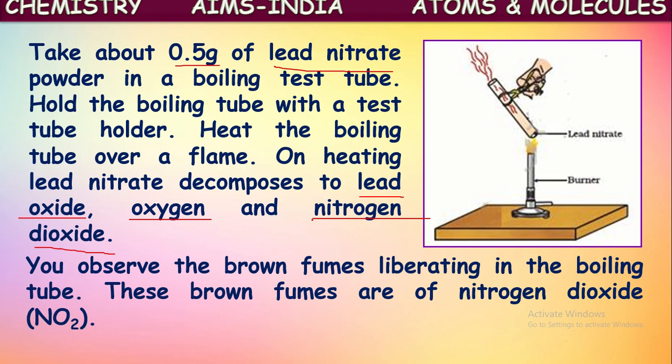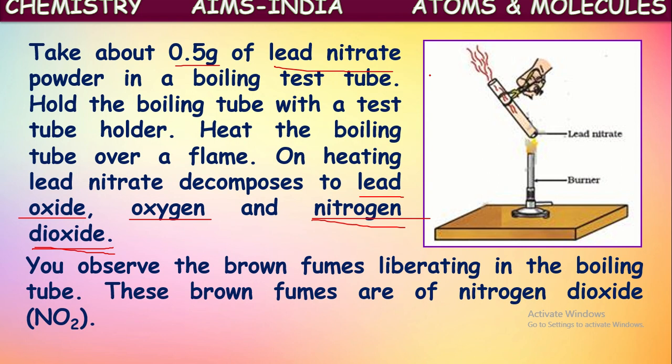Out of these two, nitrogen dioxide is a reddish brown colored gas. So we can see on heating slowly the evolution of reddish brown fumes coming out from the test tube. From that we can understand this lead nitrate is decomposed to form these products. What are those? Lead oxide, oxygen and nitrogen dioxide. Of course, oxygen has no color, but nitrogen dioxide is a brown colored gas.